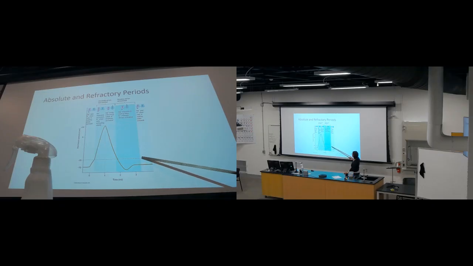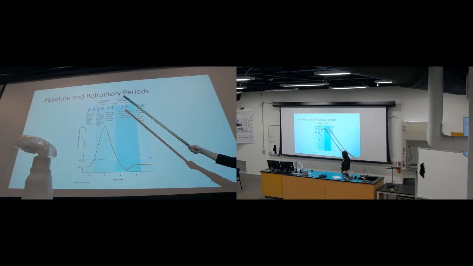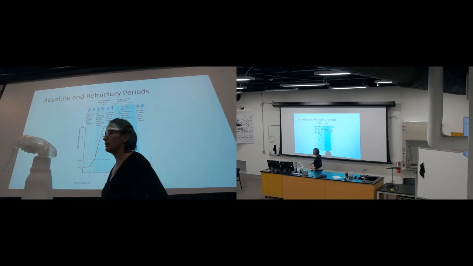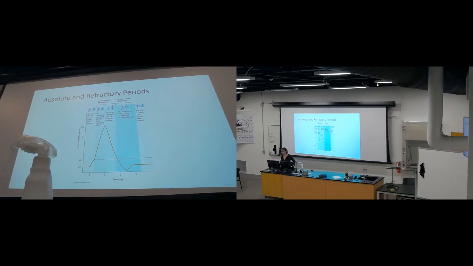So that's what happens with this relative. If you have a strong stimulus, you can still open these ones. And then you have a second action potential generated.